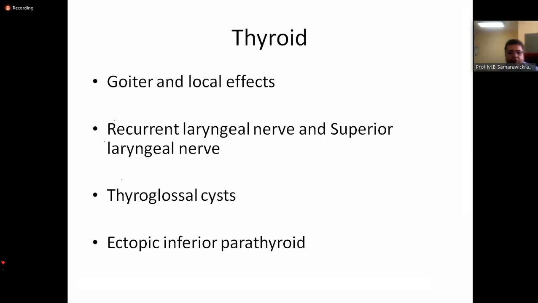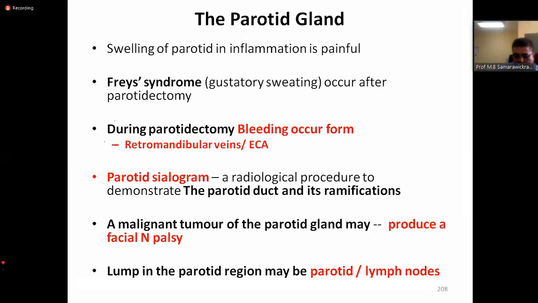And for the ectopic inferior parathyroid gland, you have to know the anatomical basis, because the inferior parathyroid develops with the thymus from the third pharyngeal pouch. Then, along with the thymus, the inferior parathyroid gland can descend into various positions. So ectopic parathyroid is common in the inferior gland.